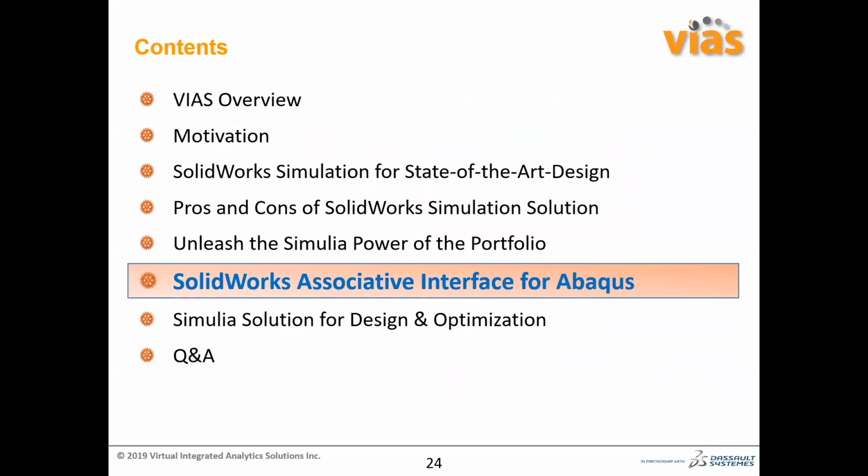Now, when you are doing a SOLIDWORKS Simulation for a product, you basically start with a very simple design, and generally the meshing is automated, and you are trying to assume that most of the things are linear.